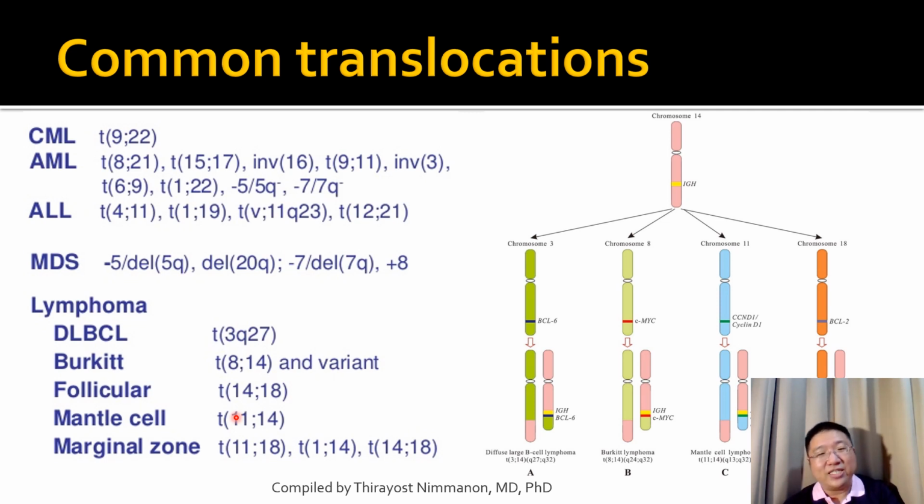It will bind to CDK, cyclin-dependent kinase, and promote cell cycle progression. So the cells will grow a lot. The cells will proliferate very quickly. So we expect that this type of lymphoma is quite aggressive.